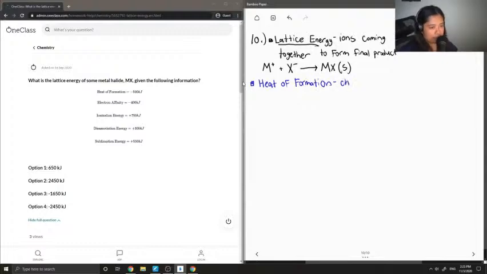So this is the change in enthalpy when 1 mole of a compound is formed from its elements.